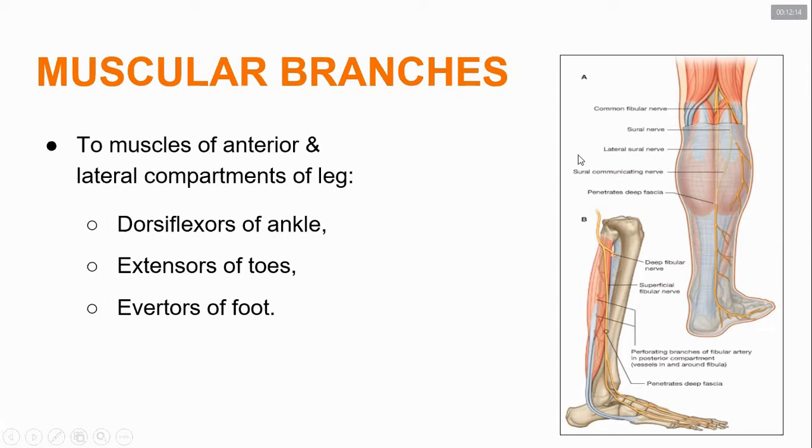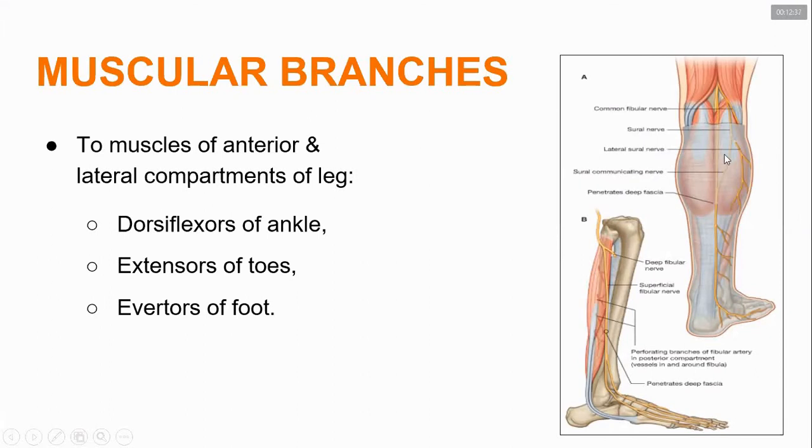Now there are other branches also that you should know. These are the sensory branches. So for the sensory branches, one, it will give rise to the lateral sural nerve. So the sural nerve proper was given by the tibial nerve, and the lateral sural nerve is given by the common peroneal nerve. And you can see one more branch is there, that is called the sural communicating nerve.